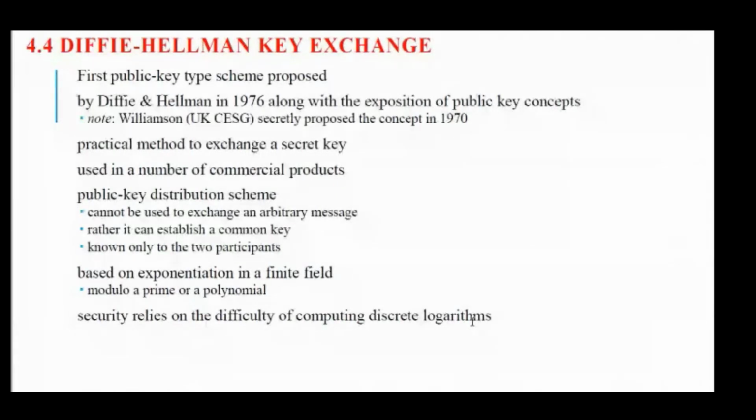Both the sender and the receiver must have the same key. That is the concept of Diffie-Hellman key exchange. It's something like mathematical magic that they are going to do, and by using that, both will have the same key.